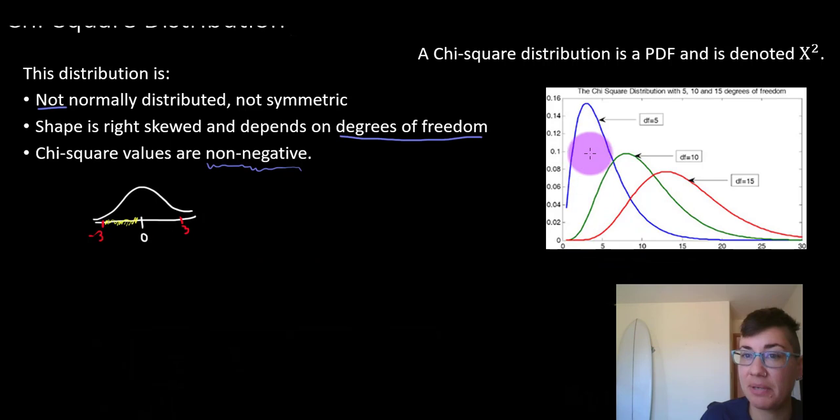But notice that depending on the degrees of freedom here, you can quite easily achieve chi-square values that are upwards of 30 or more. So the chi-square distribution is very different than what we've seen thus far.